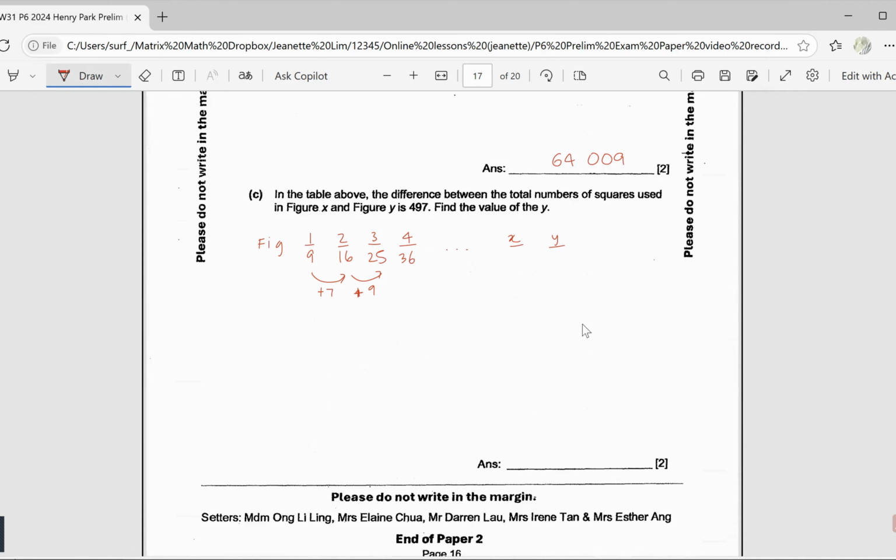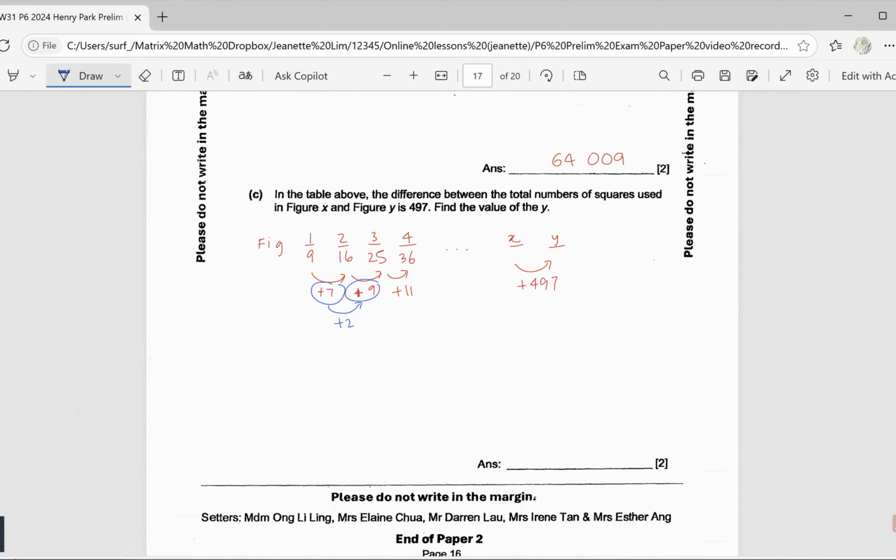Just write it here, easier to see. Plus 497. Then you see every increase here, there is an increase of 2 for each interval. This will be the interval, which is not a constant number. It keeps increasing by 2.